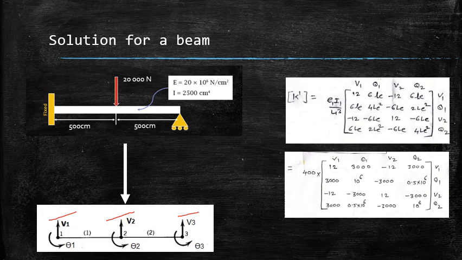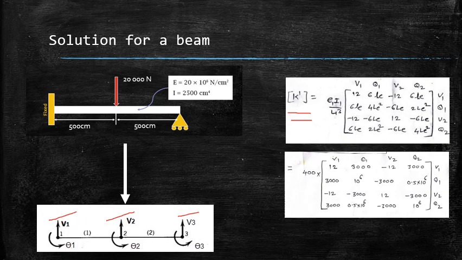This is k1, the local stiffness matrix for element number 1. Remember the formula: EI upon L cube, and this is the matrix. So here I will write E1 I1 upon L1 cube because I am dealing with element number 1. And see, here I have written V1 theta 1, V2 theta 2.